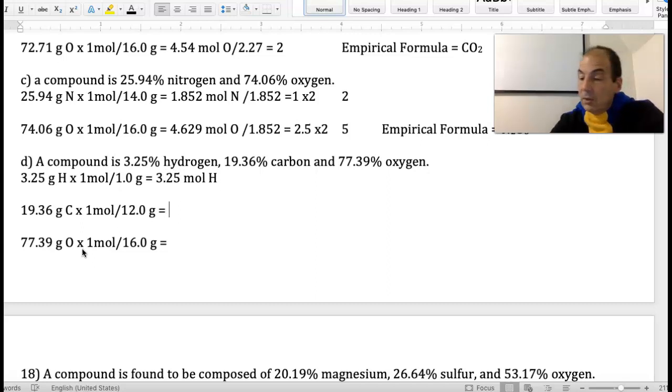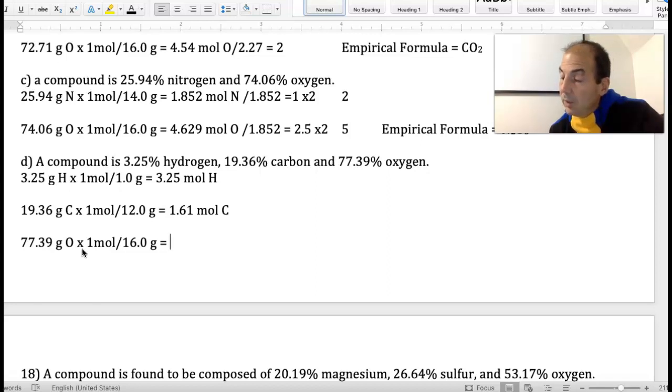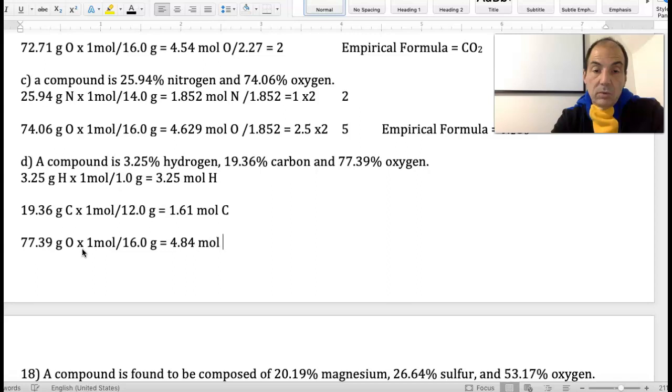Now 19.36 divided by 12, we get around 1.61 moles of carbon. And 77.39 divided by 16, we get around 4.84 moles of oxygen. Again, I probably should have kept an extra decimal or so, but I think I'm okay where I am at this moment.